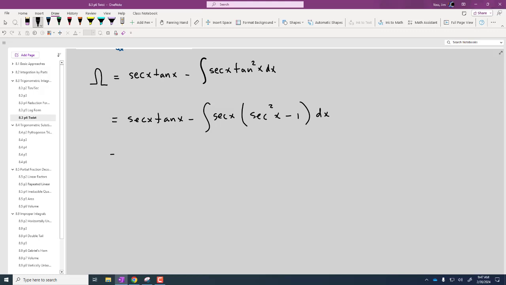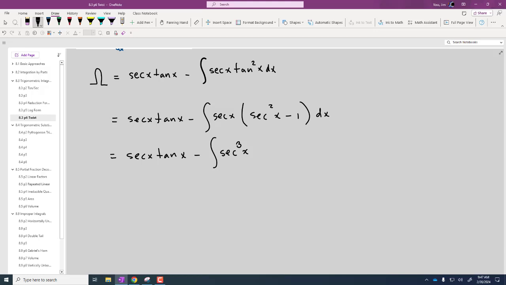And let's do a little distribution. So we still have this lingering stuff out in front. Oh, look, we're going to have an integral of secant cubed of x. So secant cubed, and then minus an integral of secant.